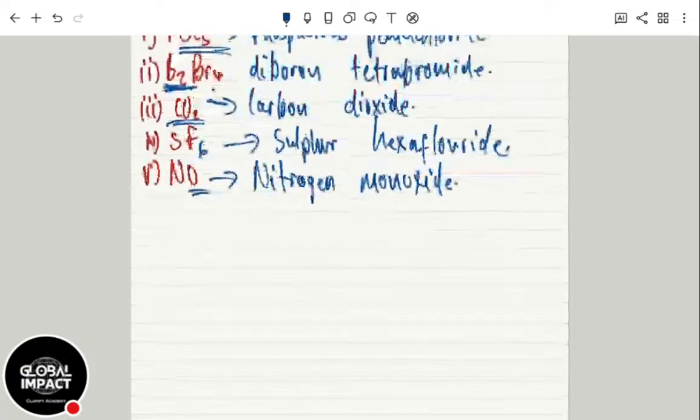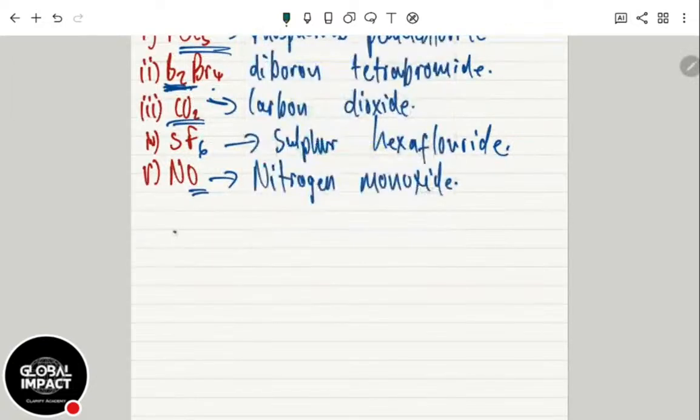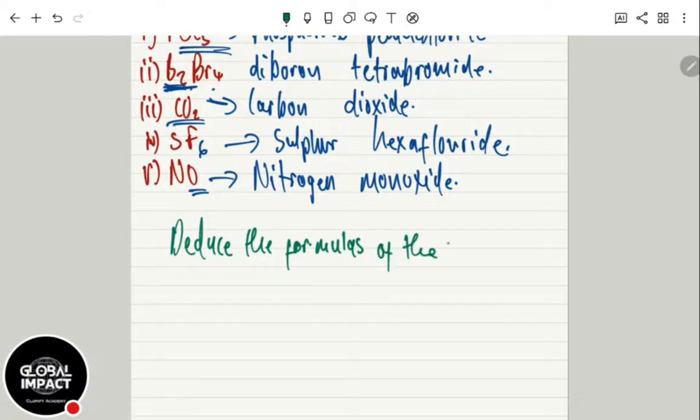Now here, they now say the second part. Here they are now saying, deduce the formulas of the following compounds.